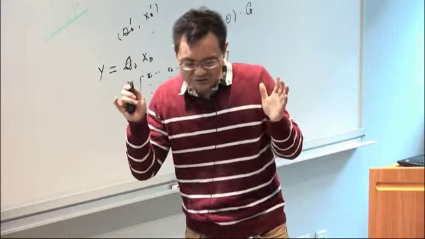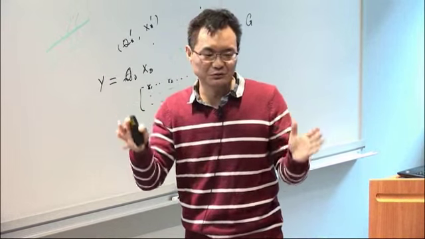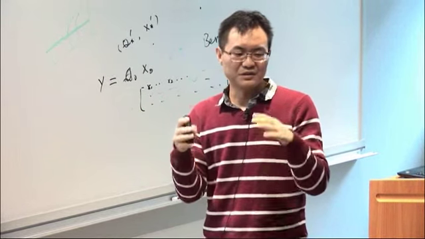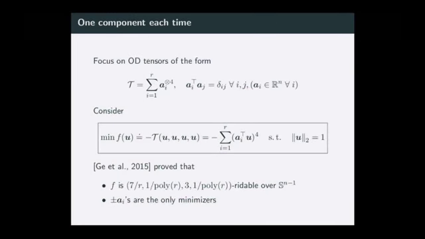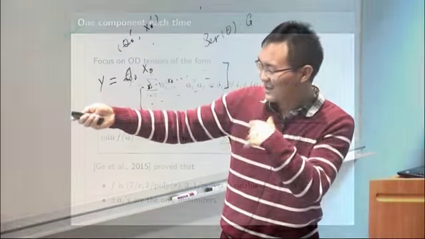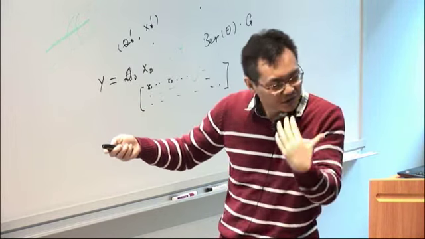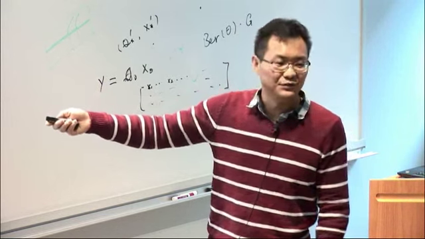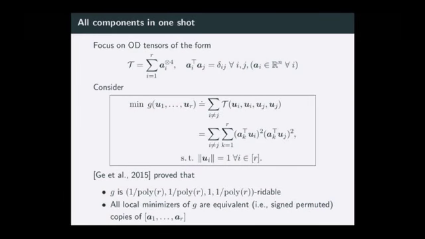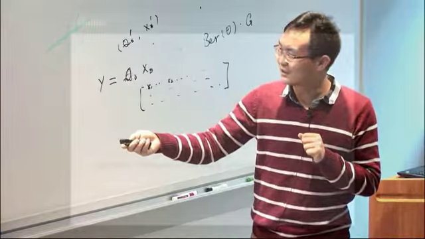Basically, they reduce this machine learning problem to decomposition of a nicely structured tensor. Actually, in these nice tensor problems, you have a similar structure. Okay, I'll skip this one because I don't have time.